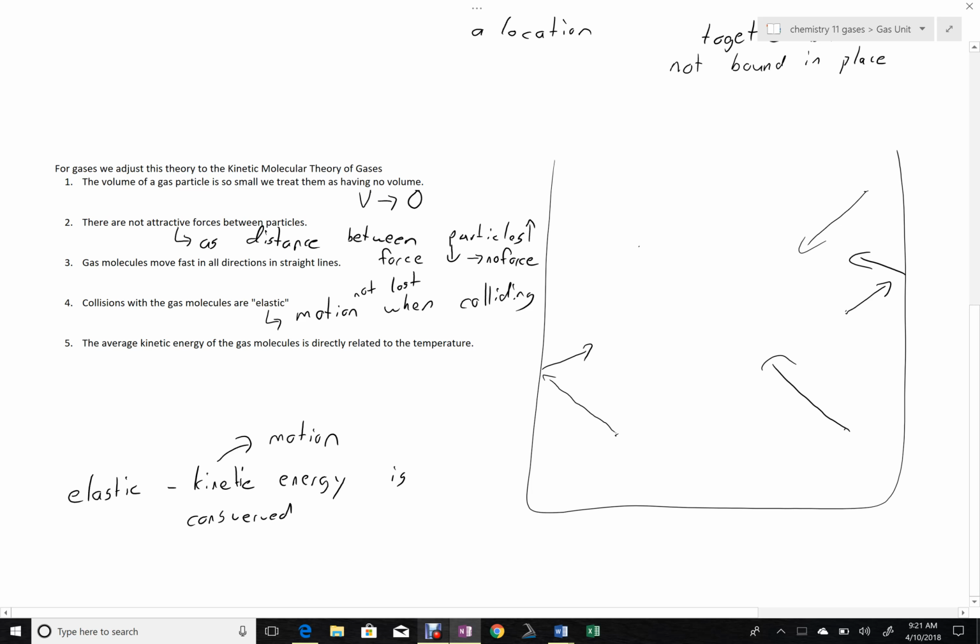Finally, the average kinetic energy of the gas molecules is directly related to the temperature. So what we say here is that as the temperature increases, what we really mean is the speed of the particles is increasing.